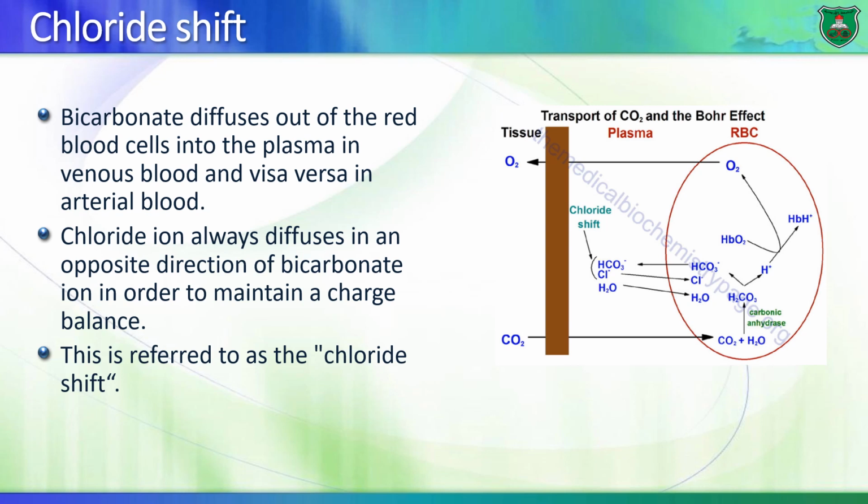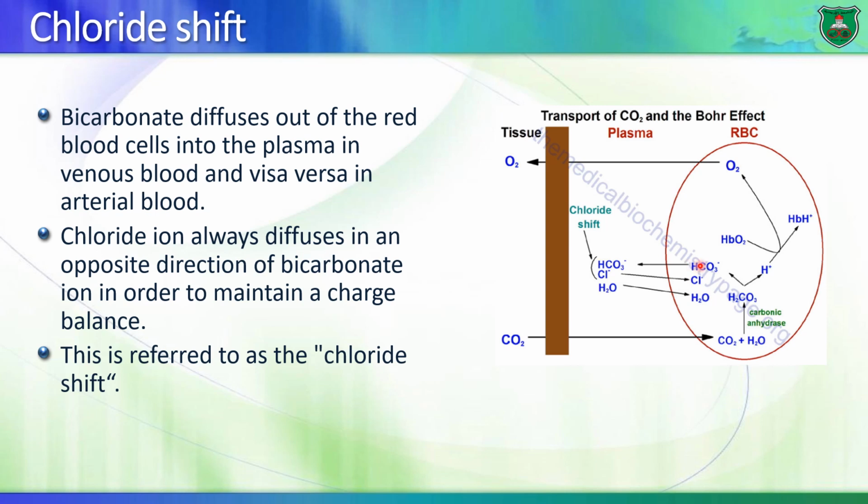So there is a phenomenon known as the chloride shift. And this is an important phenomenon. What happens here is that you have transport of the bicarbonate ion in and out of red blood cells. That means that there is charge movement across the plasma membrane, and the difference in charge must be maintained.